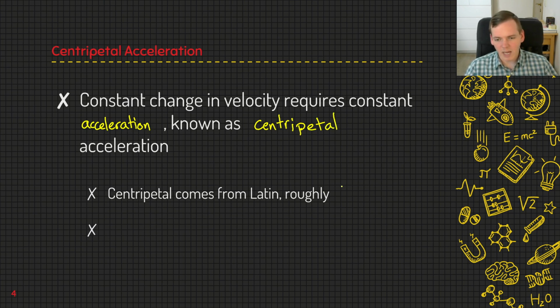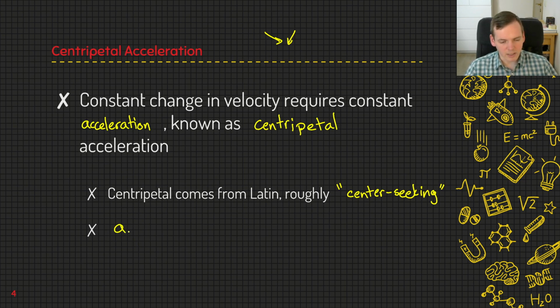And it comes from Latin. The roots that it's using roughly translate to center seeking. And that might help you remember it. In other words, the centripetal acceleration is always pointed towards the center of the path.